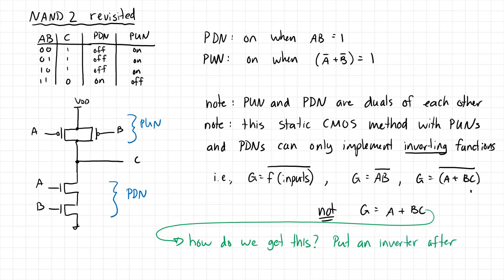Or if we have access to inverted inputs, if we have access to A bar, for example, then perhaps we can actually recreate this function directly. But if we don't have access to any inverted inputs, then the only way to create this logical function is to put an inverter after your circuit. Okay, so that was one particular example, a NAND gate.